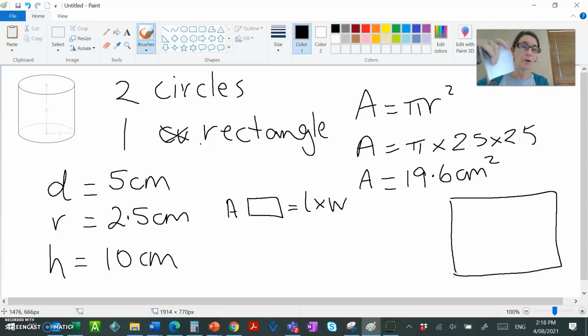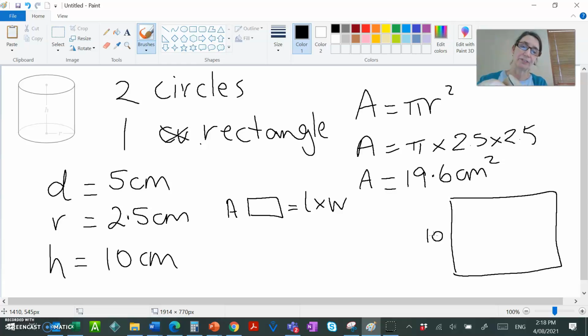So we've got one distance already, because you remember that this distance here was just the height of the cylinder. So this distance here is 10 centimetres. This other one here, the long side, is a little bit not as simple. If the cylinder is still wrapped up like that, we can't measure it with a ruler.